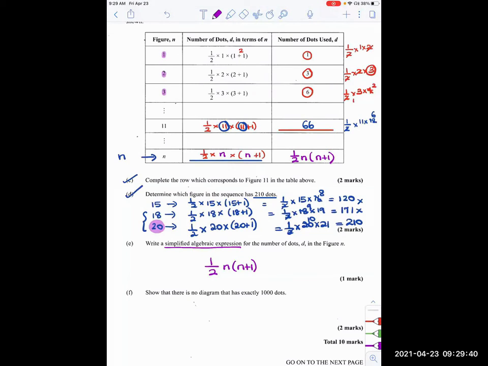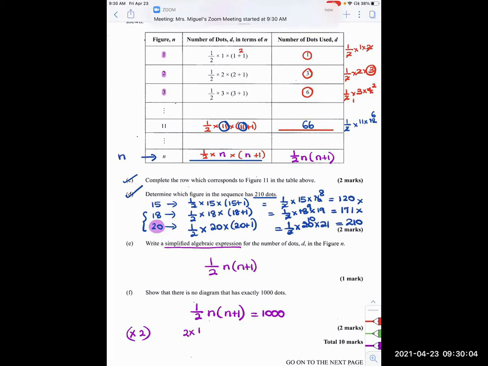Part F, show that there is no diagram that has exactly 1,000 dots. So a half n, open bracket, n plus 1 is equal to 1,000. We can multiply both sides by 2.